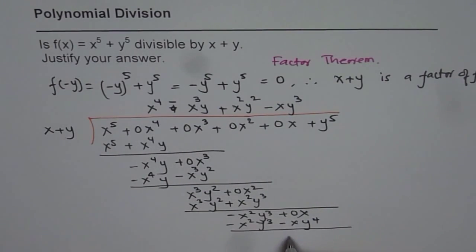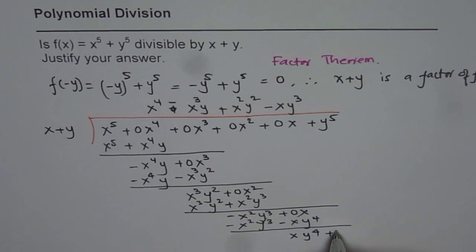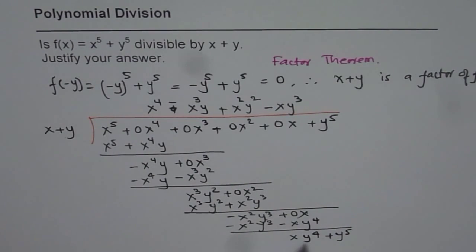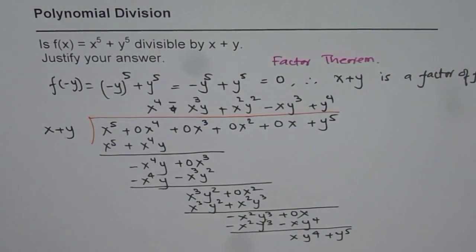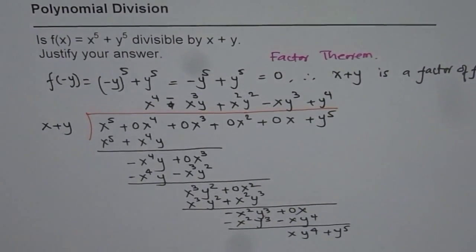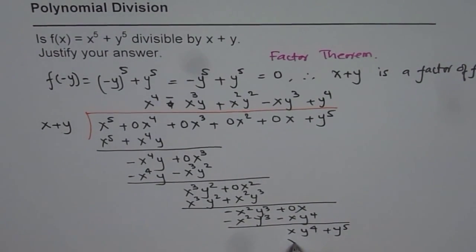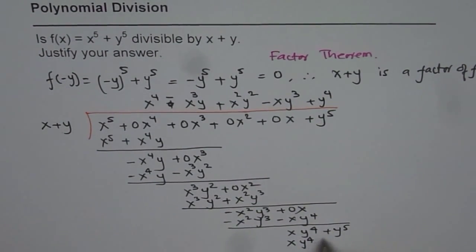Now if you subtract, you get plus xy to the power of 4. Let's bring down plus y to the power of 5. Now this time we have to multiply by plus y to the power of 4. If you multiply by y to the power of 4, what do you get? You get xy to the power of 4 plus y to the power of 5.